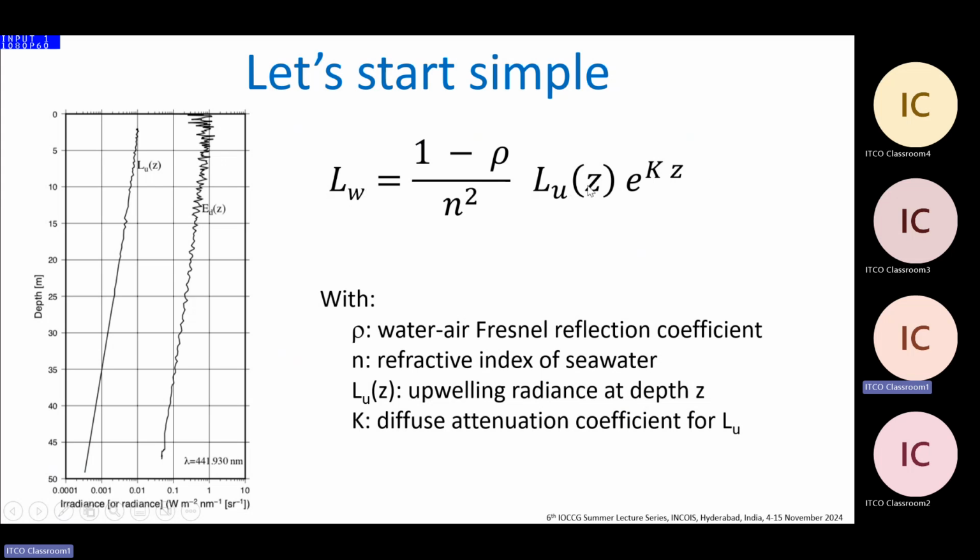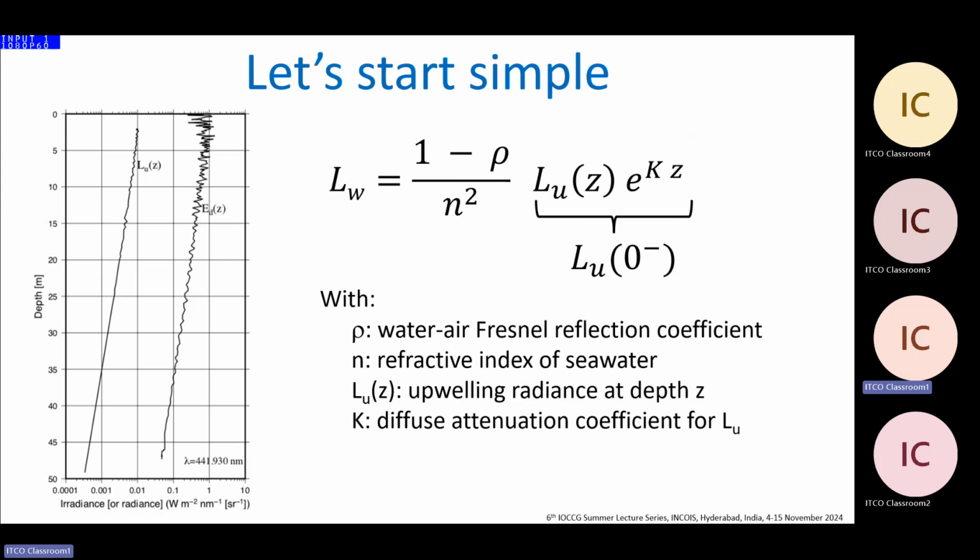So you have your LU at a given depth, the diffuse attenuation coefficient for the upwelling radiance, and then that will get you to the LU 0 minus, just below the surface. And then you have to cross the water-air interface, and you have this reflection coefficient and the index of refraction.